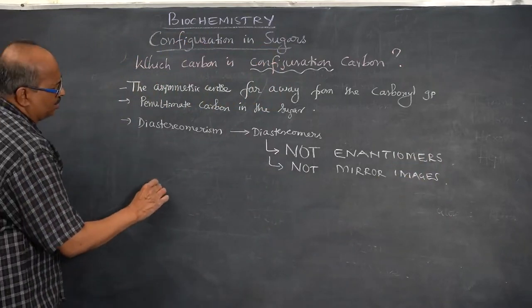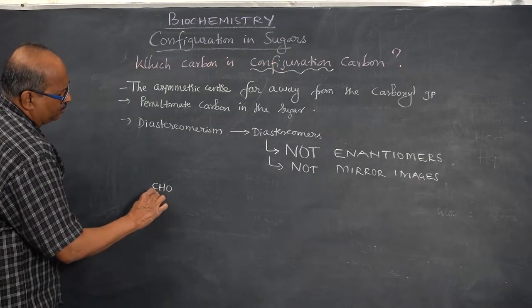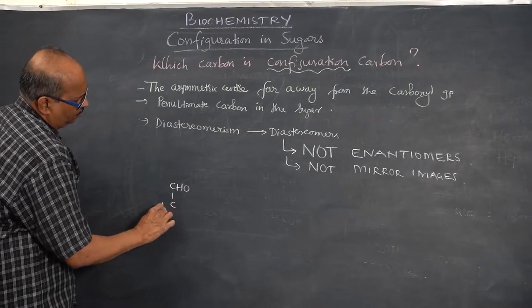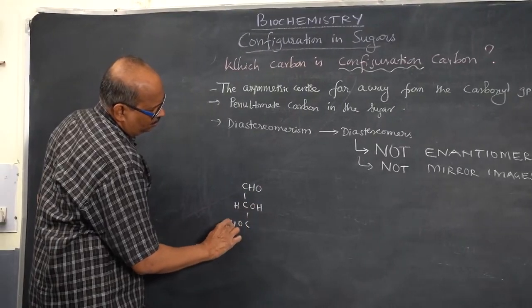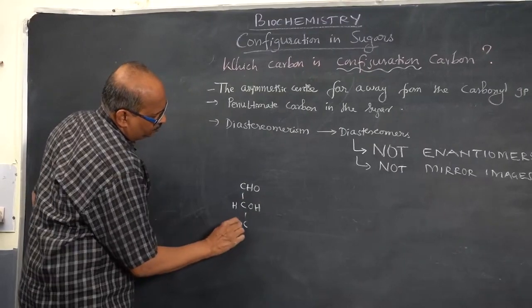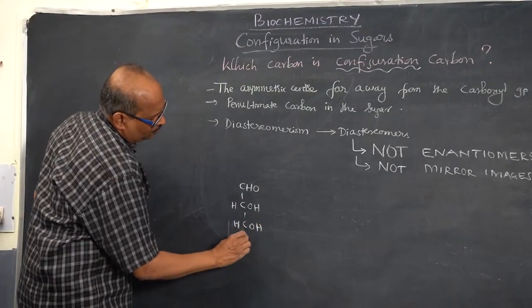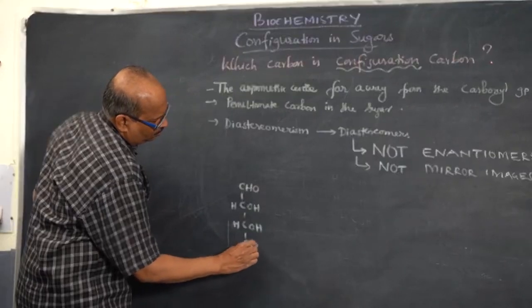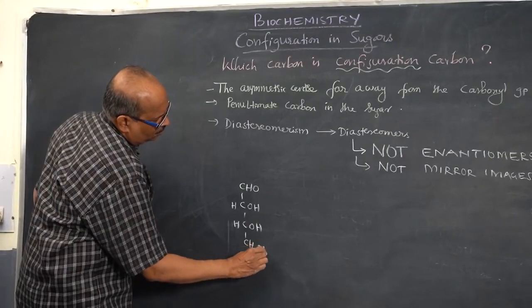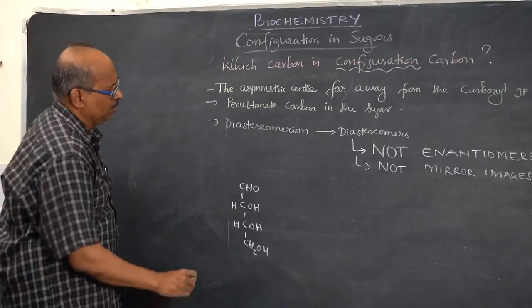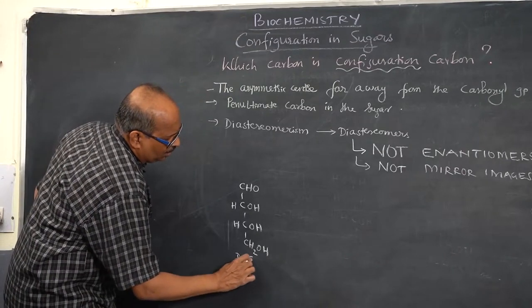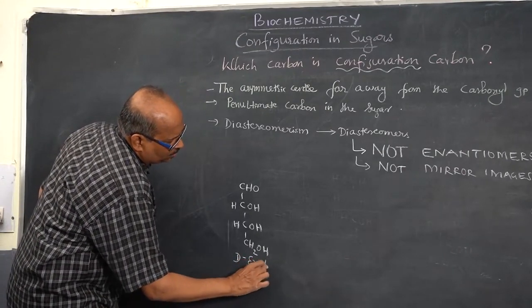So take this case. So there is 1, 2, 3, 4. D-erythrose.